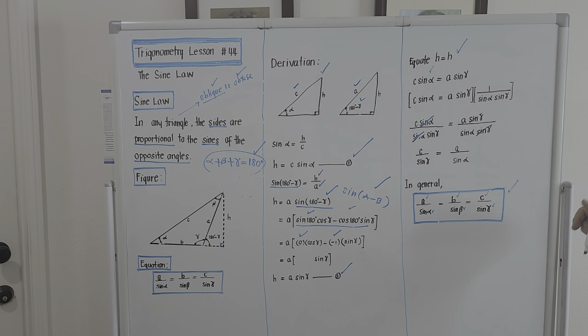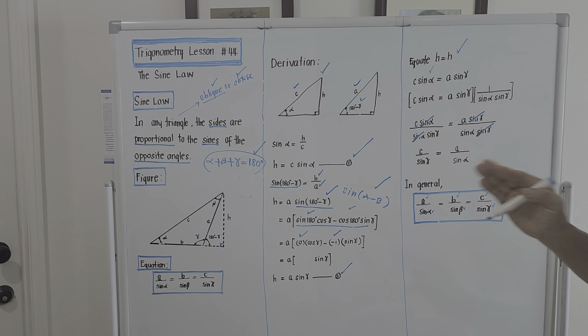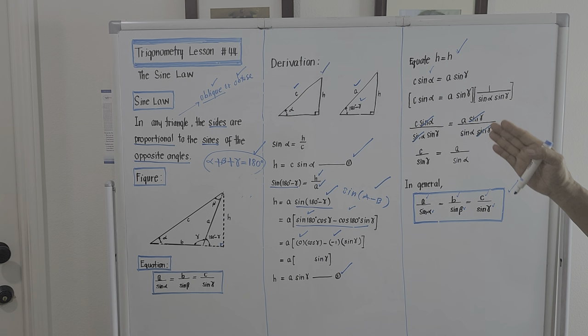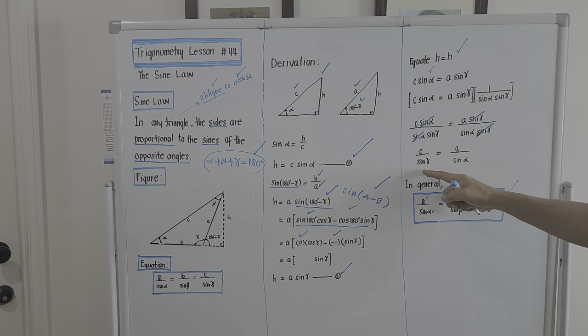Again, on the right hand side, the operation on both the numerator and denominator are actually multiplication. So actually we could cancel similar terms. And this sine of gamma here cancels with this. Right? The operation is multiplication. It is not addition or subtraction. It should be multiplication for us to cancel. Right? So simplifying, this will be C over sine of gamma equal to A over sine of alpha.